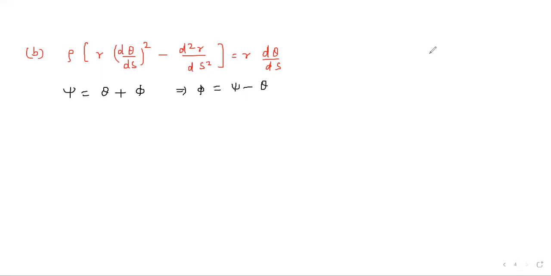Also in the triangle, this angle is phi, this is r d theta, this is ds, and this is dr. So dr upon ds gives cos phi. Wherever needed, we will put this value.